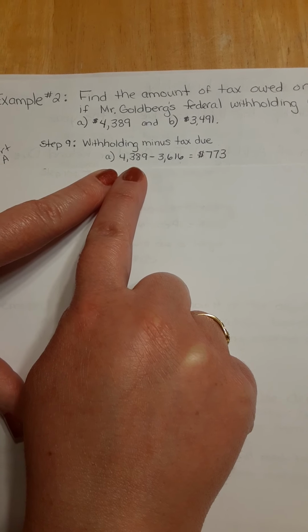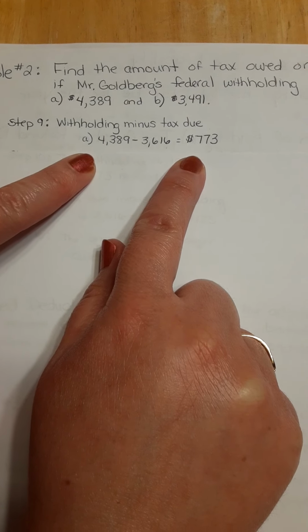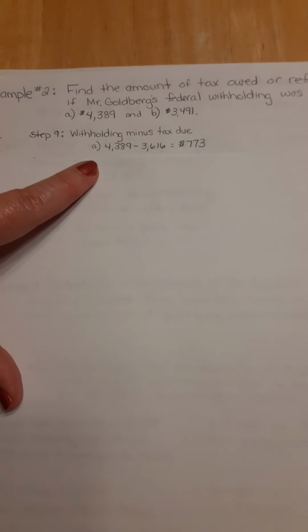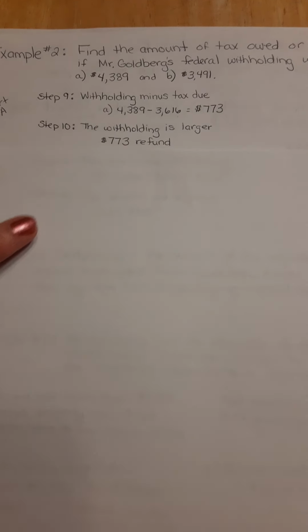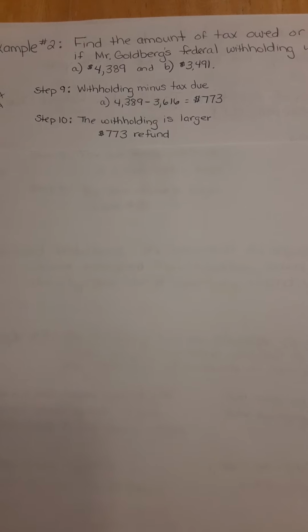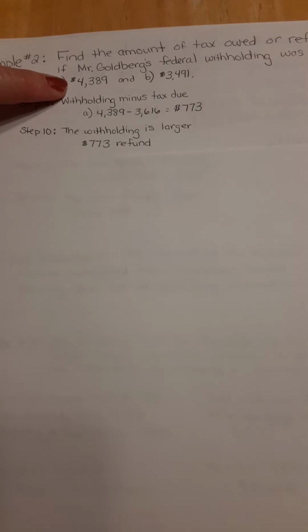This is what the government actually took out. So we're going to subtract the two, and we find that there's a difference of $773. That is going to actually be a refund because the federal government took out more money than what it needed to. Now, that was with 4,389.